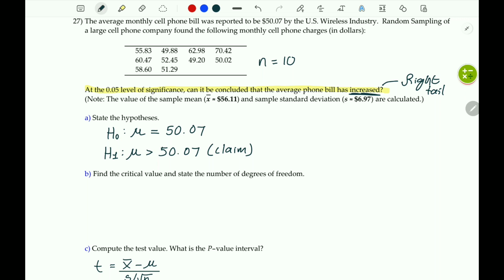Now, let's find the critical value and the number of degrees of freedom. First things first, let's state the direction of this test. Our direction is a one-tailed test to the right.